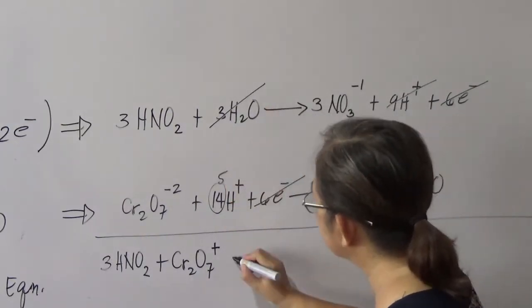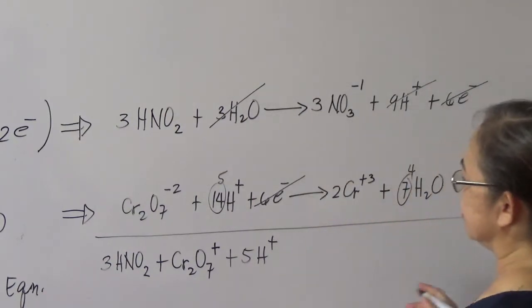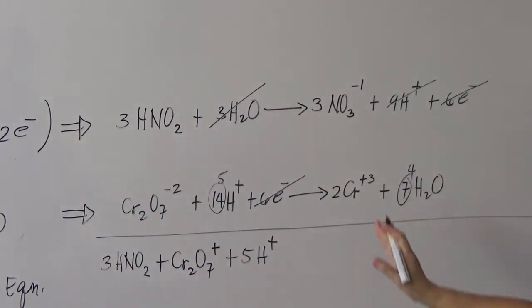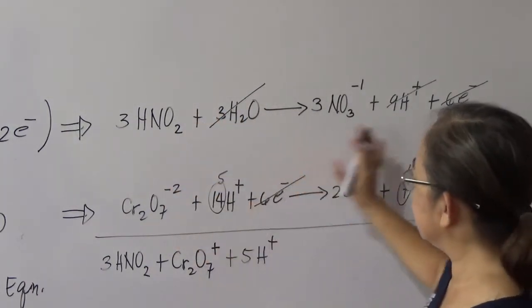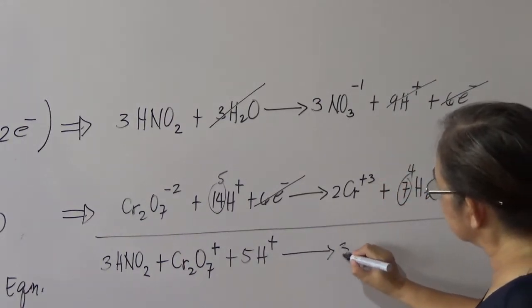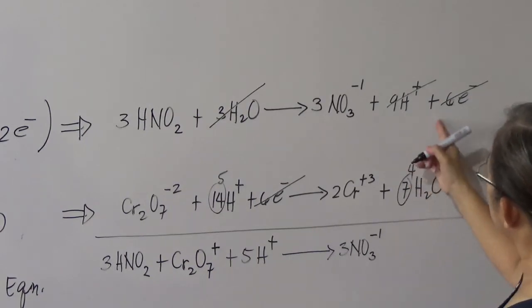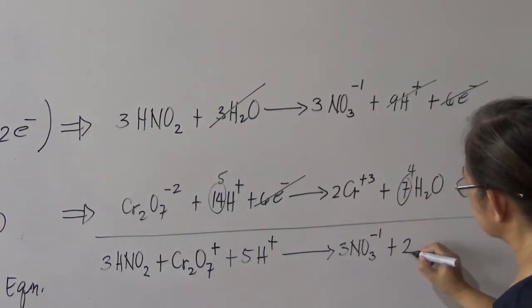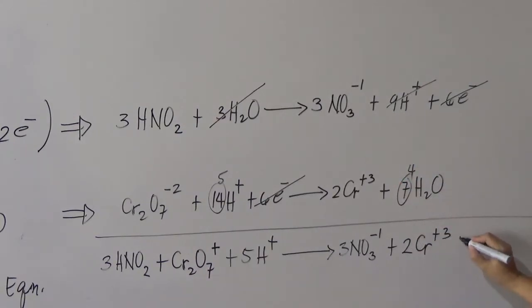So you will have only 5 hydrogen ion on the reactant side, so no more nitrous acid. On the product side, we'll have 3 nitrate ion, and we have 2 chromium ion, and we have 4 moles of water.